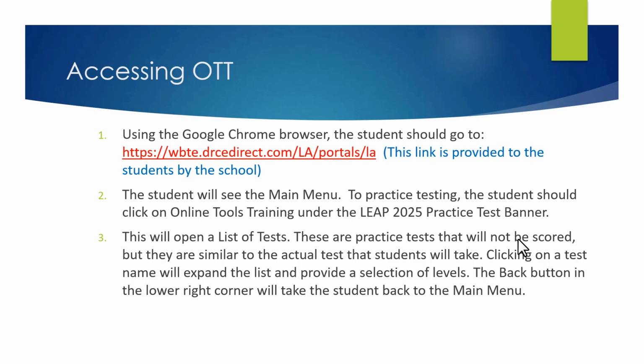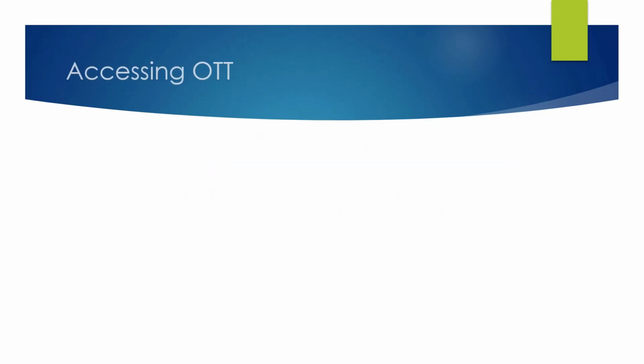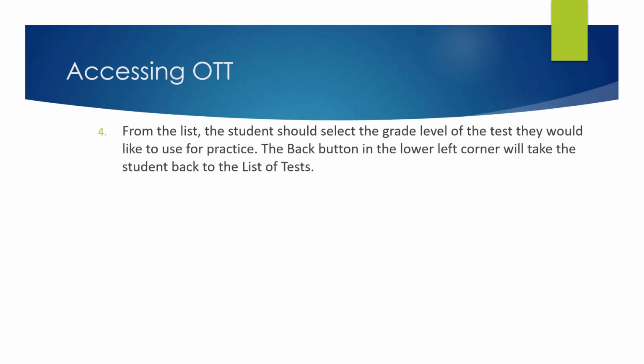The back button in the lower right corner will take the student back to the main menu. Number 4, from the list, the students should select the grade level of the test that they would like to use for practice. The back button in the lower left corner will take the student back to the list of tests.